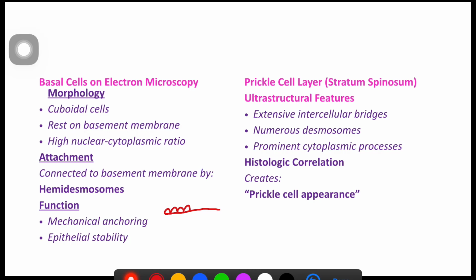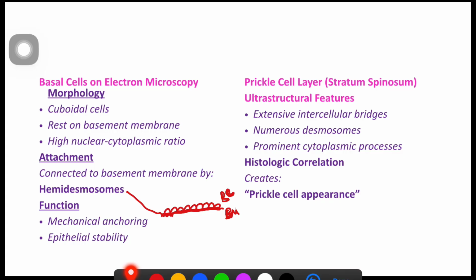Here is the basement membrane and these are the basal cells, connected with the help of hemidesmosomes. Their function is mechanical anchoring and epithelial stability.